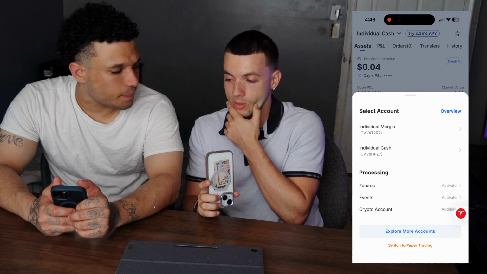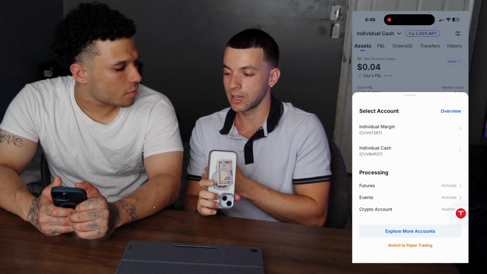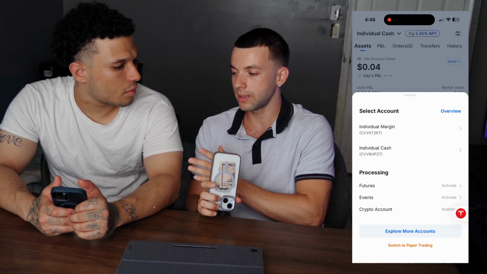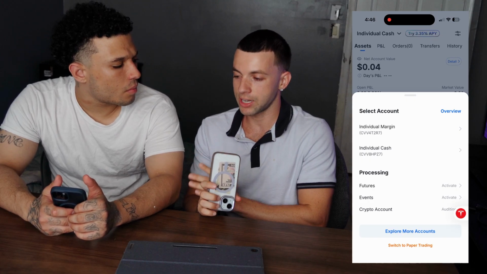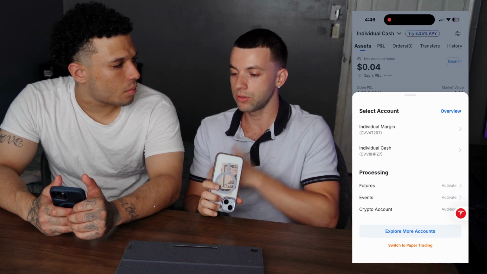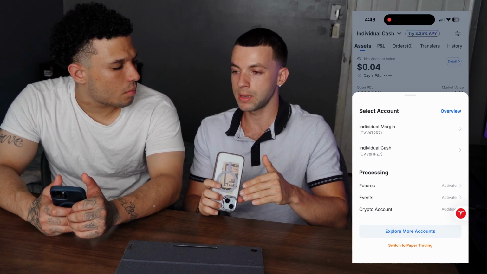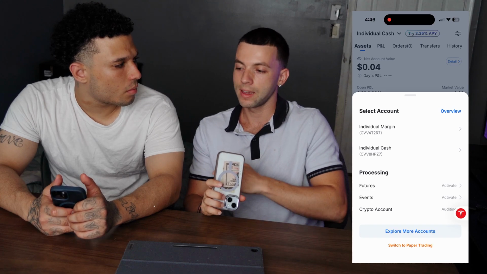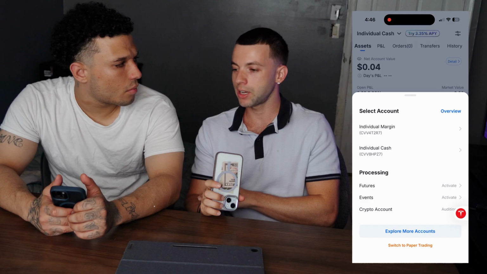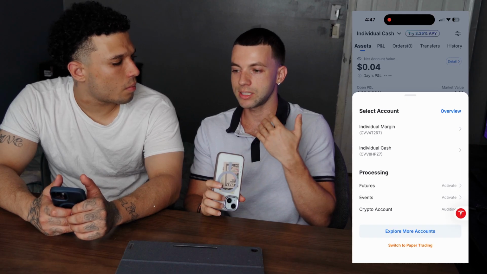So the difference between cash and margin account is, with a cash account, it's your money. You put it in there, you trade with your own money. When we're day trading on a cash account, whatever money we use for a day trade is going to become unsettled funds. Let's say you have $1,000 in your account and you put the whole $1,000 on a trade. Let's just say you broke even.